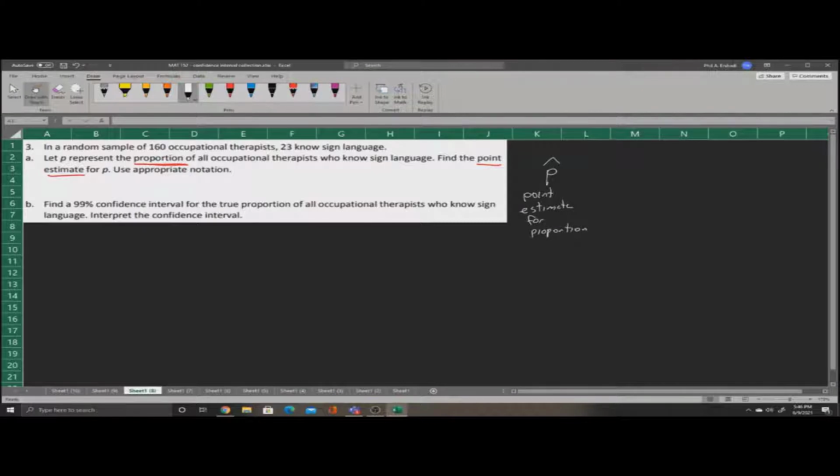Now, to calculate P hat, we need the number of people who fit the description that we're after. This time, we're trying to find people who know sign language. So we're going to put the number who know sign language on the top. After that, we're going to place the total size of the sample on the bottom.